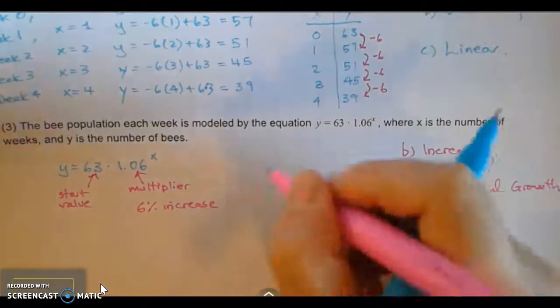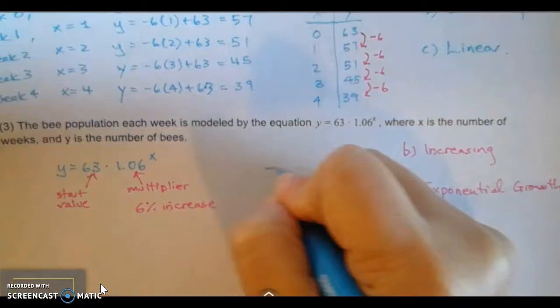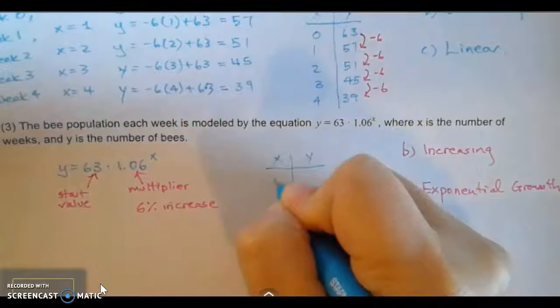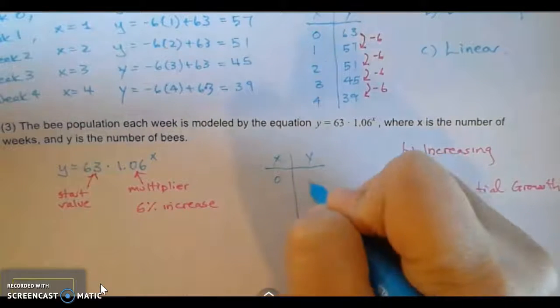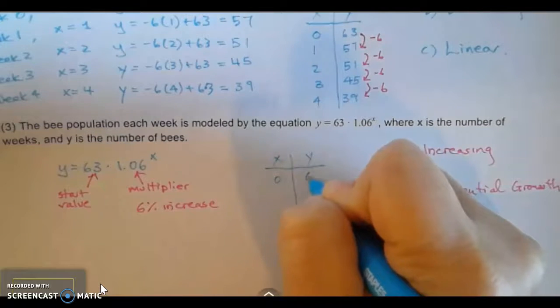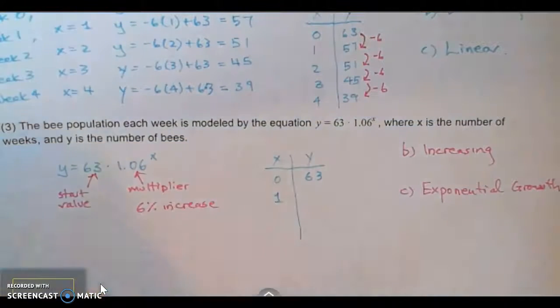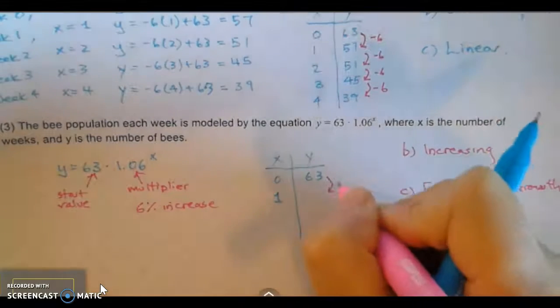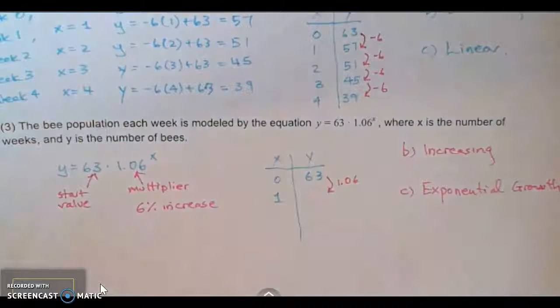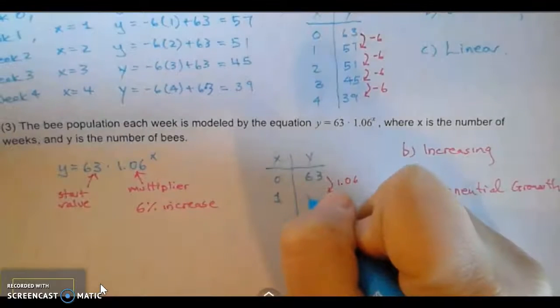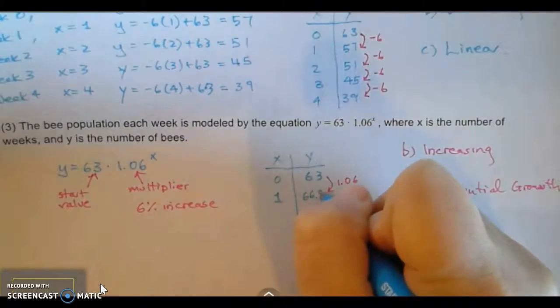All right, you know what? Let's do the table because that's going to be easier. So x and y, when x is equal to 0, that's week 0. We're going to start with 63, and for week 1, we are going to multiply that number by 1.06. And when you multiply that number by 1.06, we should be getting 66.8. Okay?